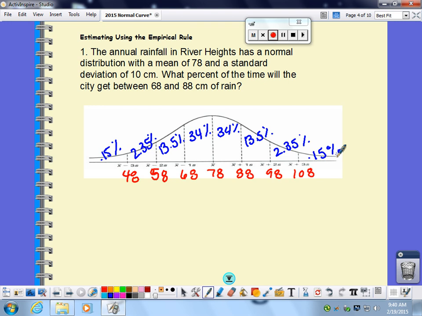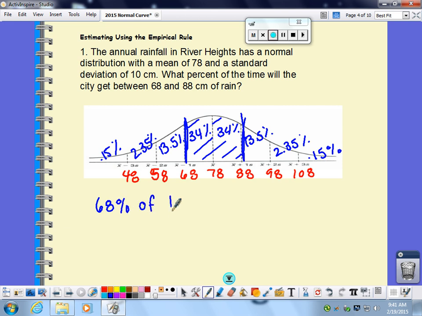Now answer the question. What percent of the time will the city get between 68 and 88 centimeters of rain? So we want the area under this curve. This is our percentage. If we have our setup, it becomes really easy. We're going to add 34 and 34 and get 68%.